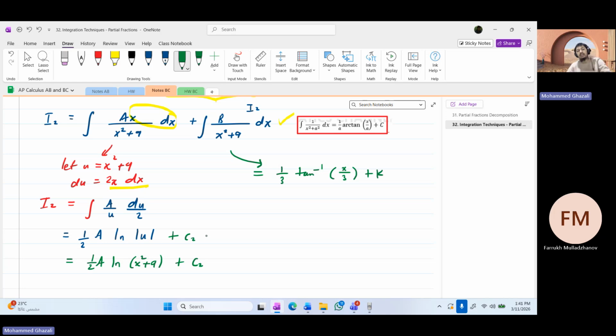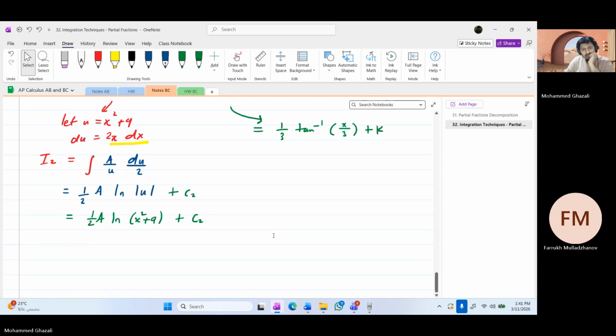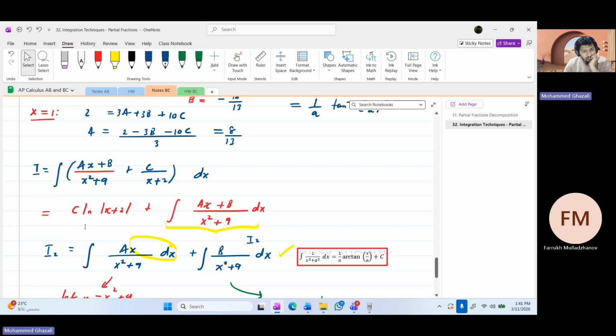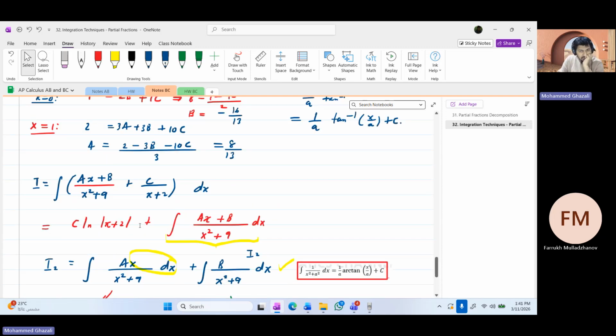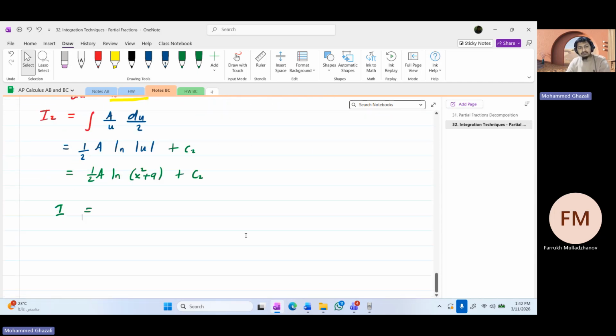Now we're going to collect all the results and put them together. So my total integral is now equal to, what was this? C. What is C? C was 5 out of 13 ln x plus 2.